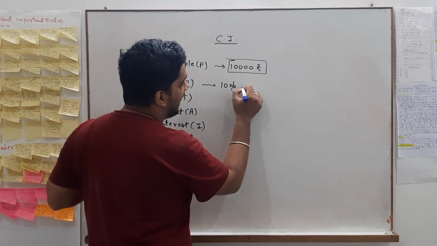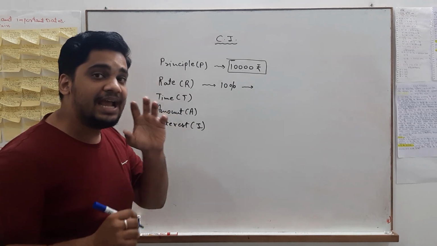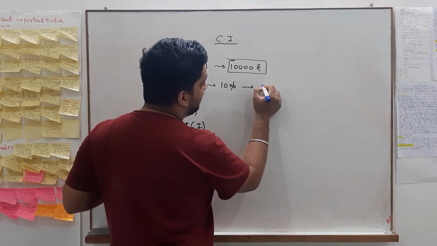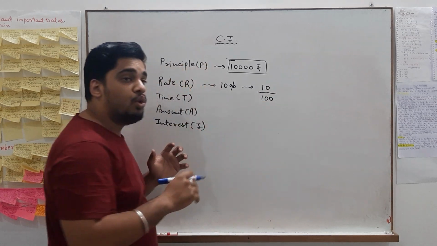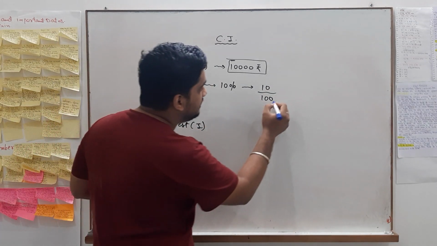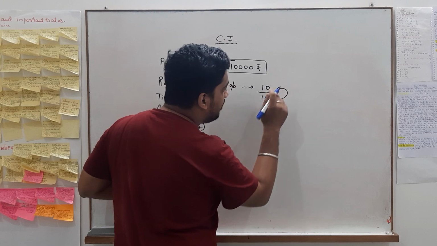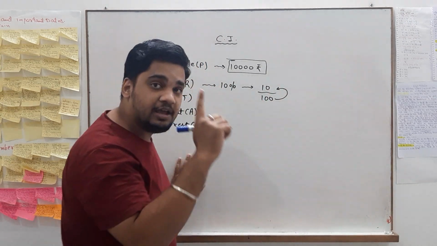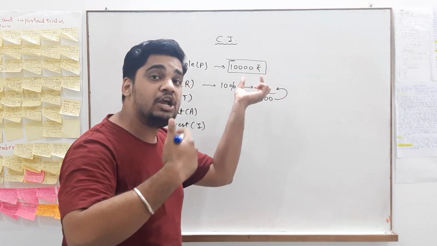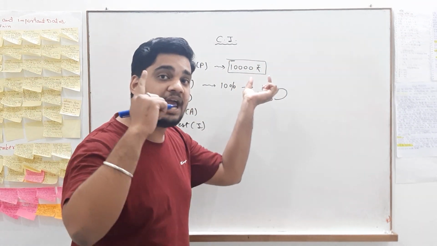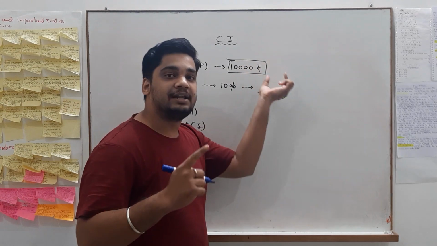So now what is the exact meaning of rate? We can write it down as 10 upon 100. What does it mean? It means the interest on every 100 rupees in a year, the extra money which you are getting on every 100 rupees in a year, is known as rate, right?